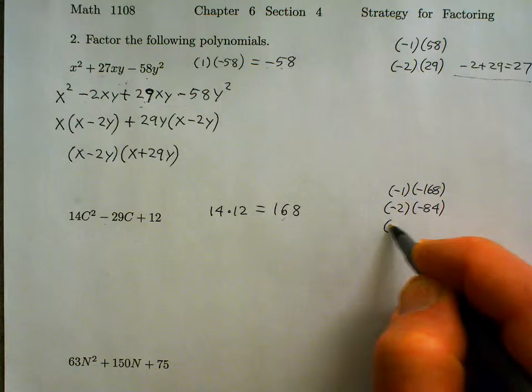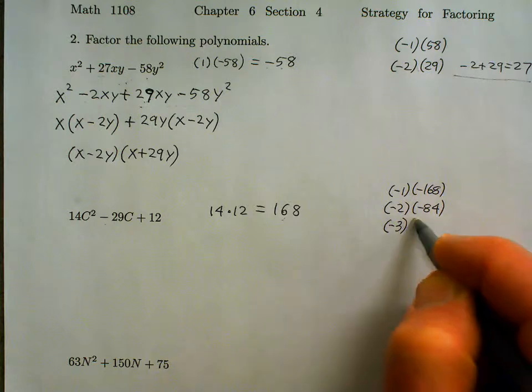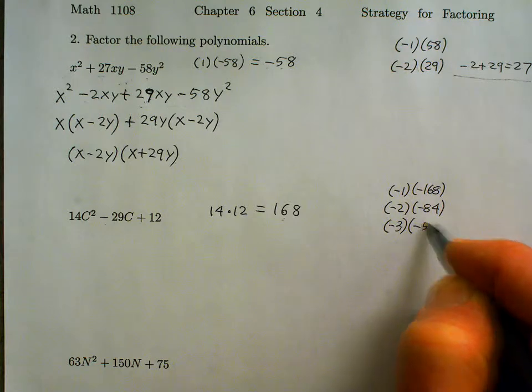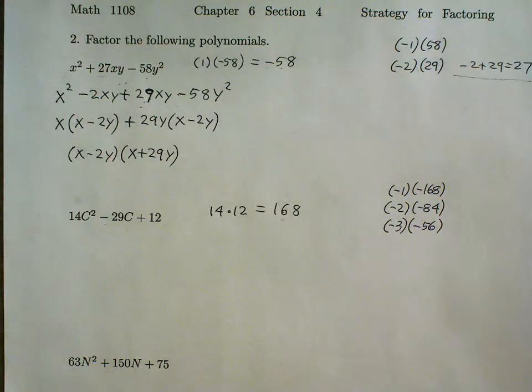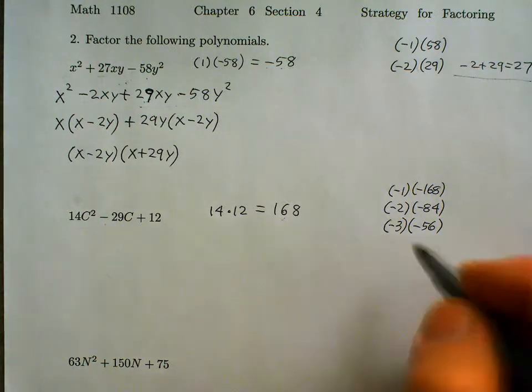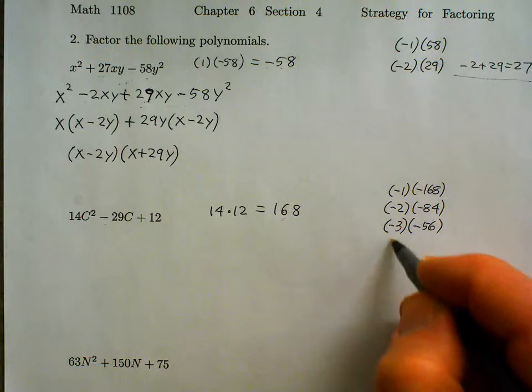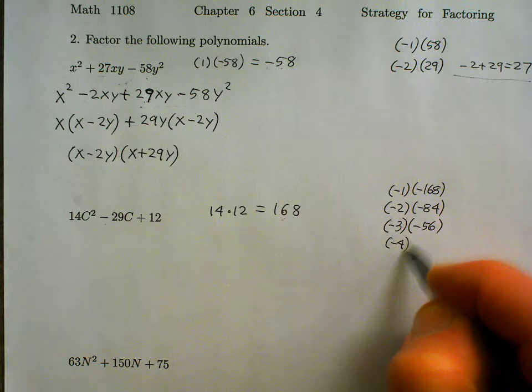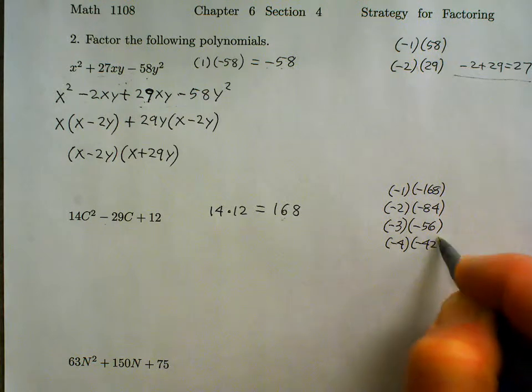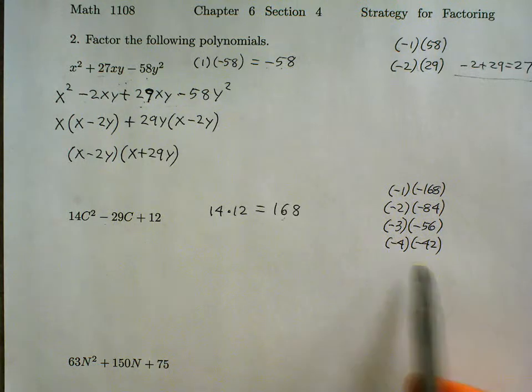Negative 3 is a factor. Negative 3 times negative 56. The next pair, negative 4 times negative 42. Those add up to negative 46. We're getting closer.